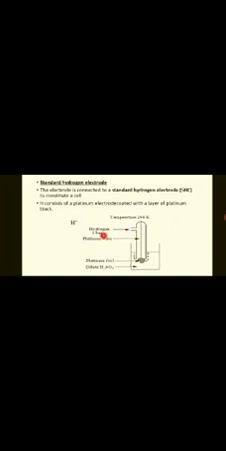Hydrogen gas is bubbled inside this glass jacket at 1 bar pressure, and the platinum wire is connected to a platinum foil where adsorption of hydrogen gas takes place. Hydrogen gas gets chemically adsorbed on the surface of the platinum foil, and the operating temperature is 25 degree centigrade or 298 Kelvin.